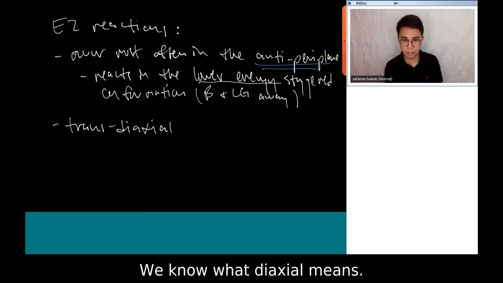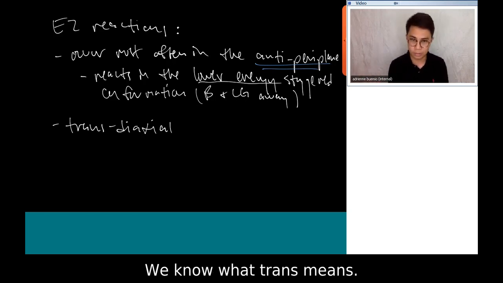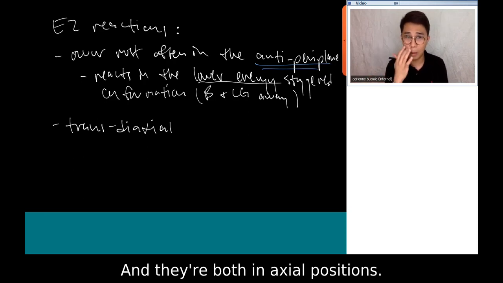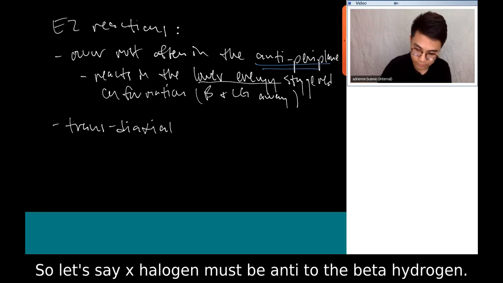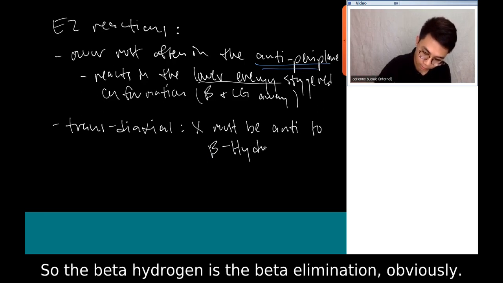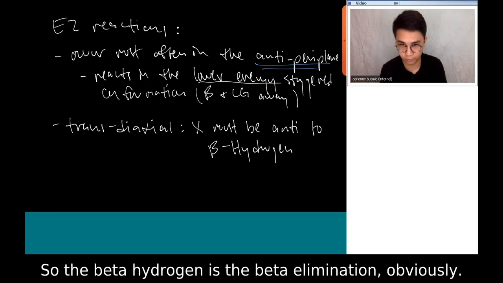We know what diaxial means. We know what trans means. They're just opposite from each other, and they're both in axial positions, right? So let's say X halogen must be anti to the beta hydrogen. So the beta hydrogen is the beta elimination, obviously, right?